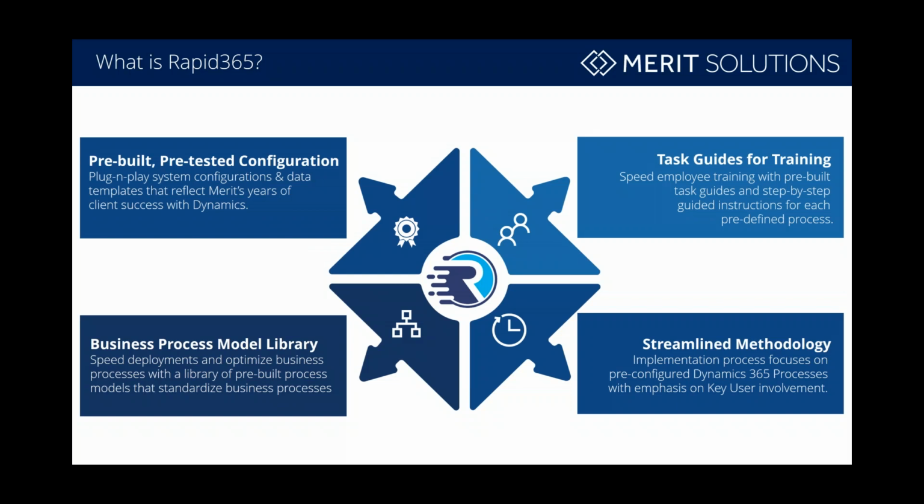We've got the business process model library with a bunch of pre-built processes. And so what we'll end up doing is we will review those processes in a number of workshops, which I'll show you in a couple slides here, and basically get your user community's feedback as to whether or not these pre-built models, task guides, and business process models are something you can live with.